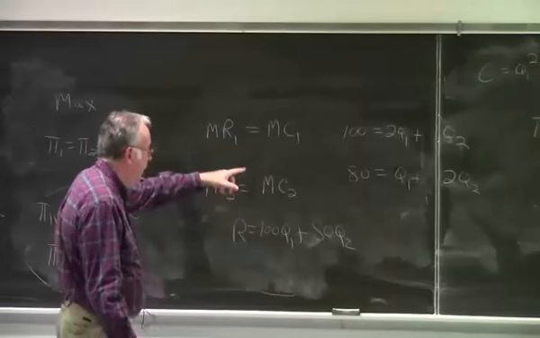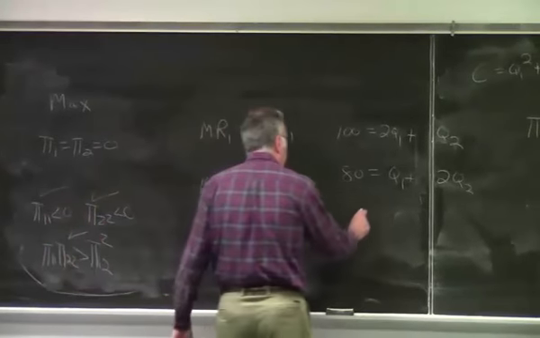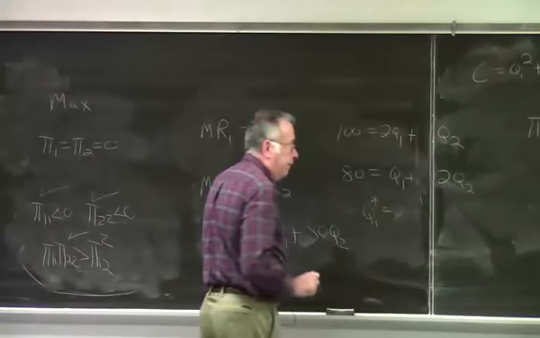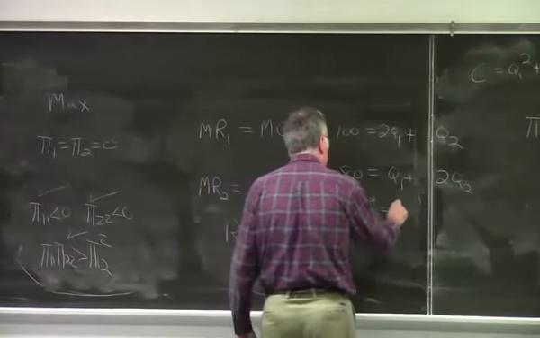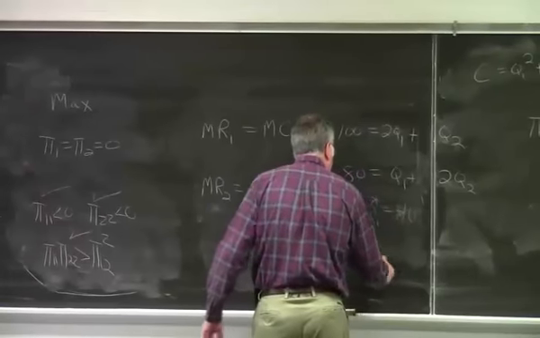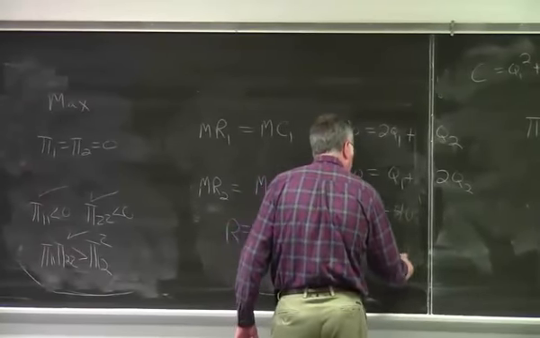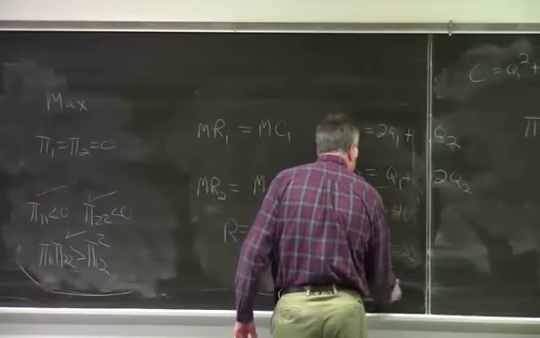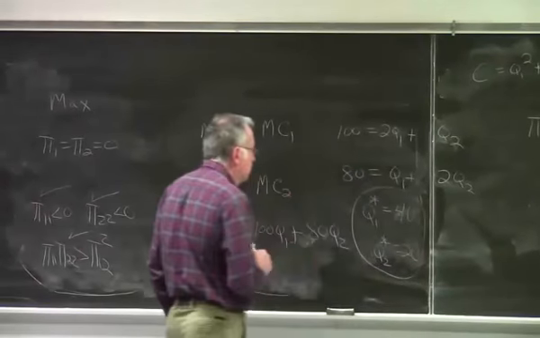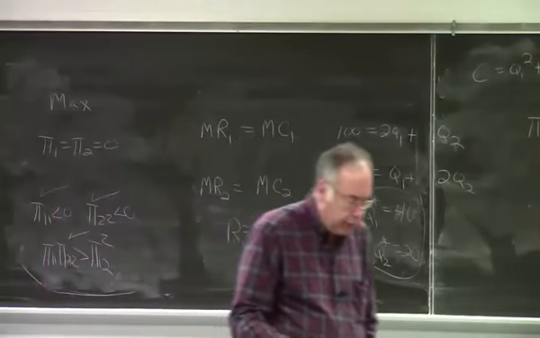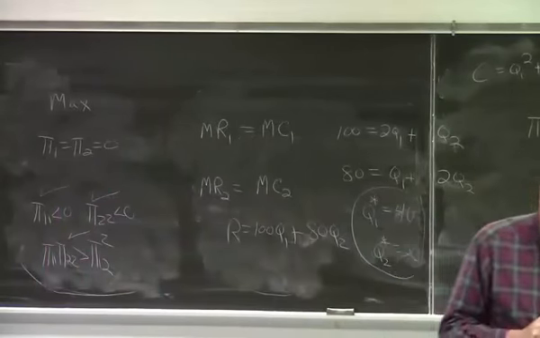So if you solve these 2 equations, you'll get the same answer we got before. You'll get Q1 star equals 40 and Q2 star equals 20. So setting marginal revenue equal to marginal cost for each of the 2 products is just equivalent to satisfying the first order condition.